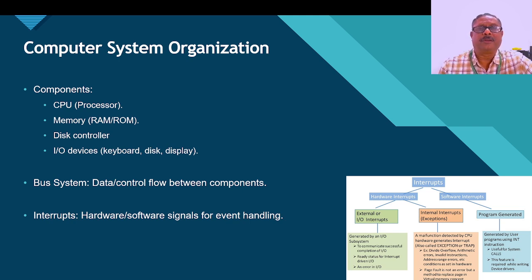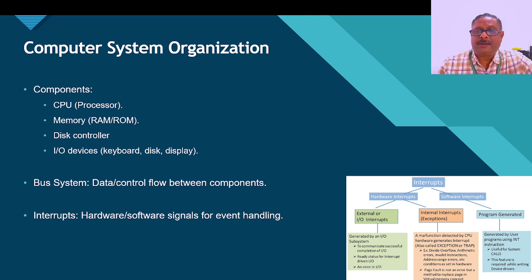So there is a lot of disparity between the two speeds, and to not waste the precious time of the CPU, let's allow the CPU to continue working, and whenever input from the human is available, let us interrupt the CPU and make it work for a special purpose and all that.